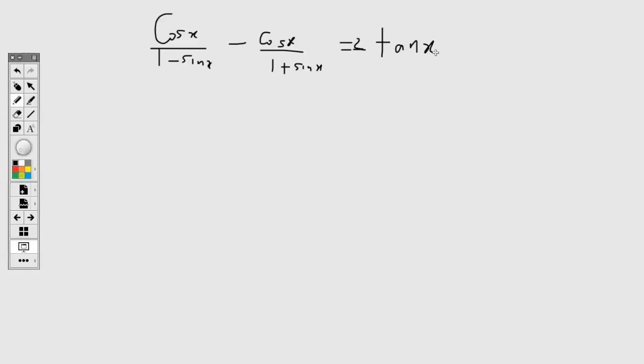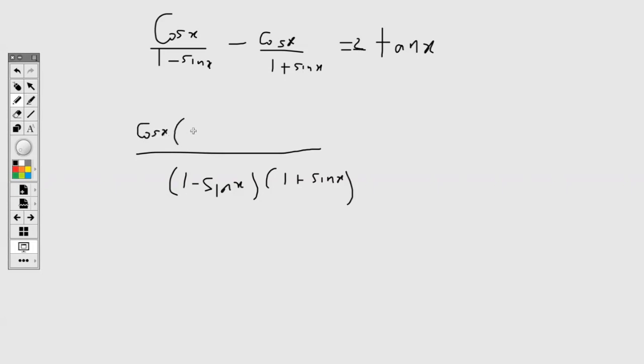So having this, I will go ahead and find the LCM. So the LCM of 1 minus sin x and 1 plus sin x, I'm just going to rewrite it. 1 minus sin x and 1 plus sin x. Now 1 minus sin x in the denominator, this is going to cancel, so I'm left with 1 plus sin x. So I have cos x times 1 plus sin x minus 1 plus sin x into all of this.